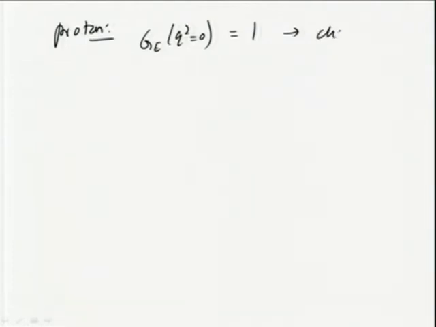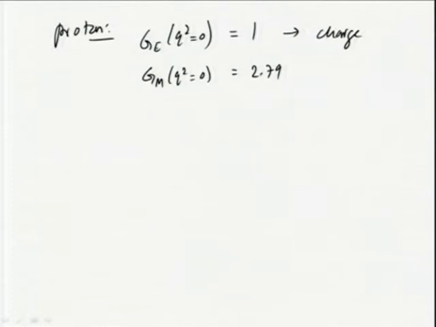This corresponds to the electric charge of the proton, and GM at q square equal to 0 corresponds to the magnetic dipole moment, in fact, the anomalous magnetic dipole moment.